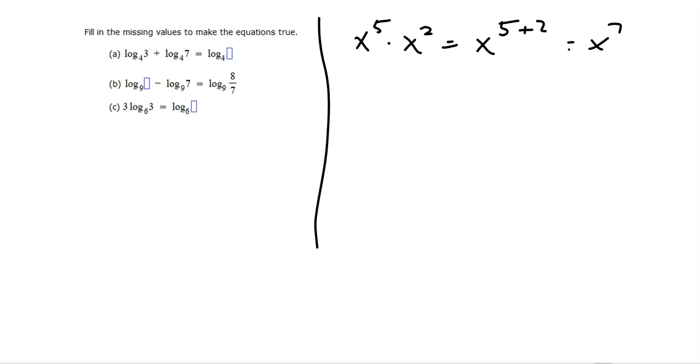So the property for the logarithms is the same thing, because remember, a logarithm is an exponent. So we said the log base something of 4 is equal to the exponent. The connection is that if you are multiplying things that have the same base but different exponents, you add the exponents.